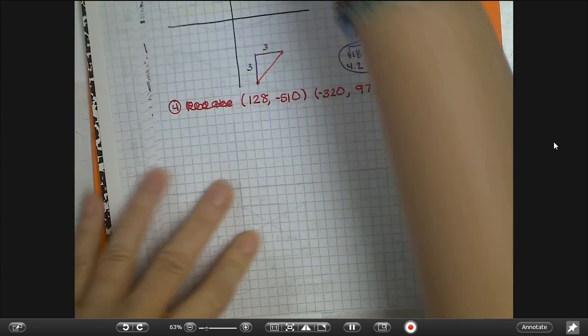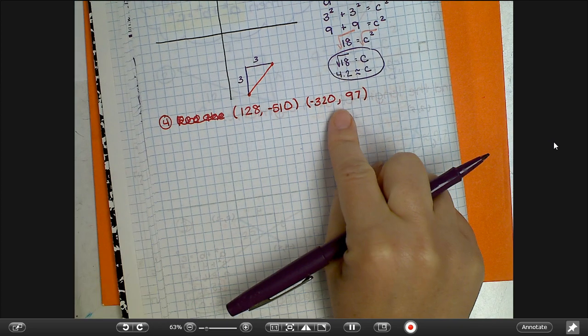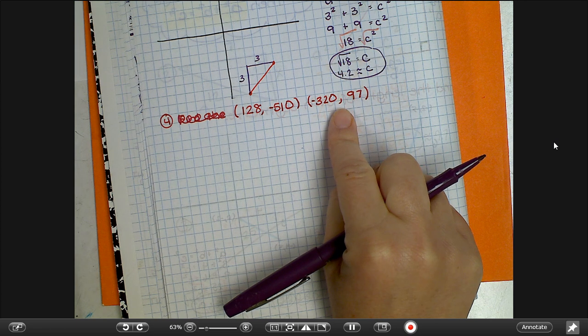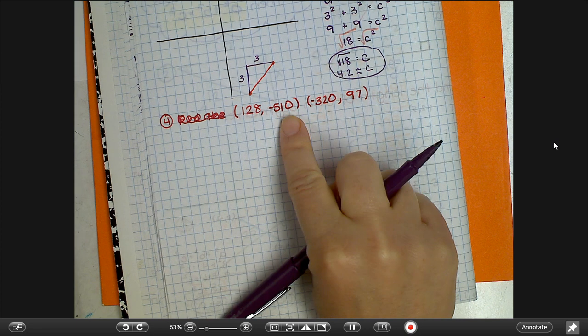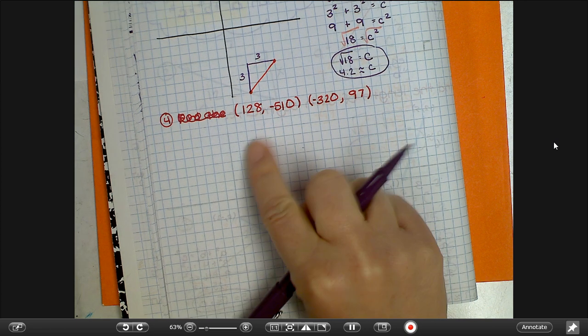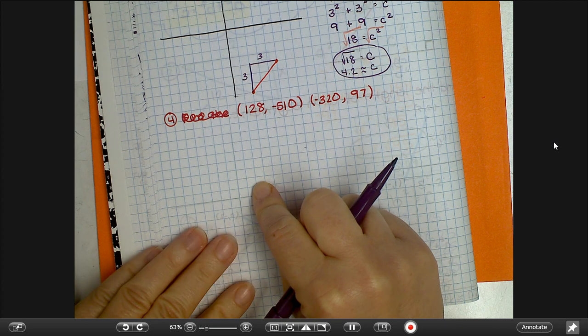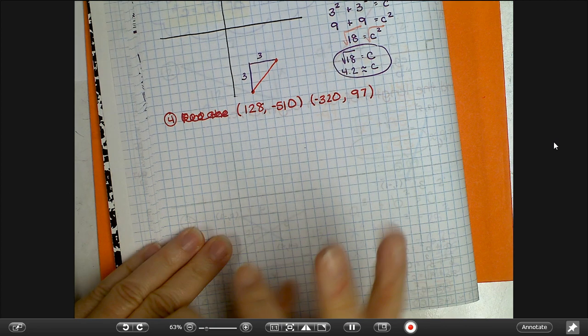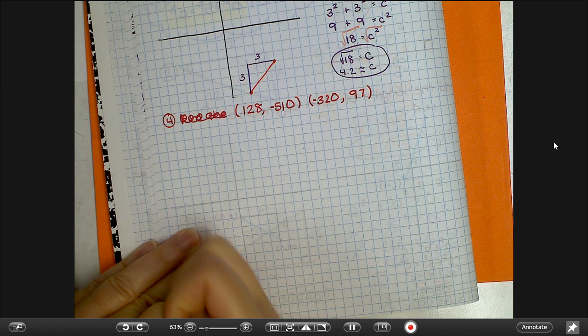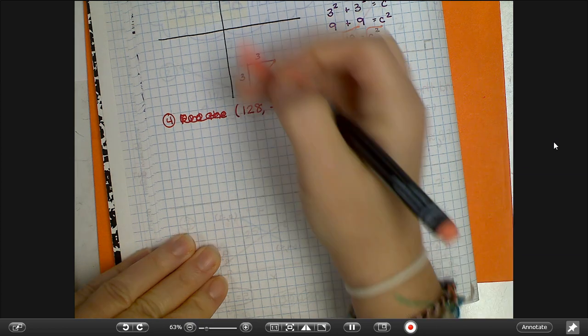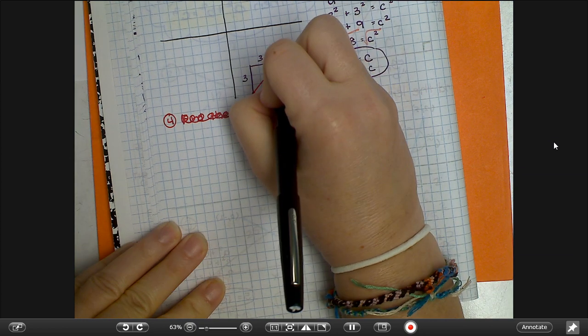All right. Now, what happens if we have coordinates like this? This would not be fun to graph. I am not drawing a graph that big. So we want to kind of think about, well, what did we see when we did it before? So let's put the coordinates back on this problem.